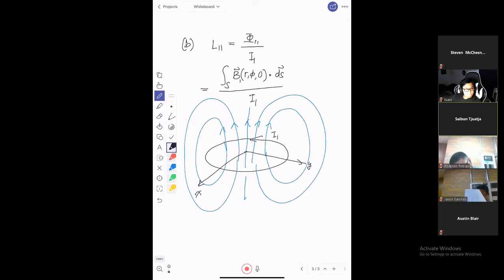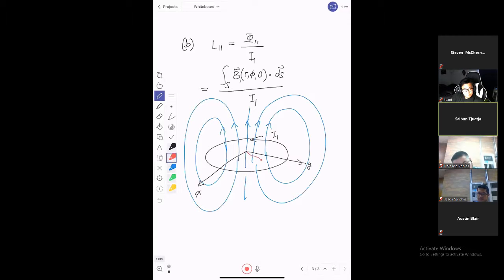So the flux will be captured by this area over here. This is the area. Now you can see that in order to sum this, I need to find the B at every location. Let me use a different color. For this location, for example, what's the phi?